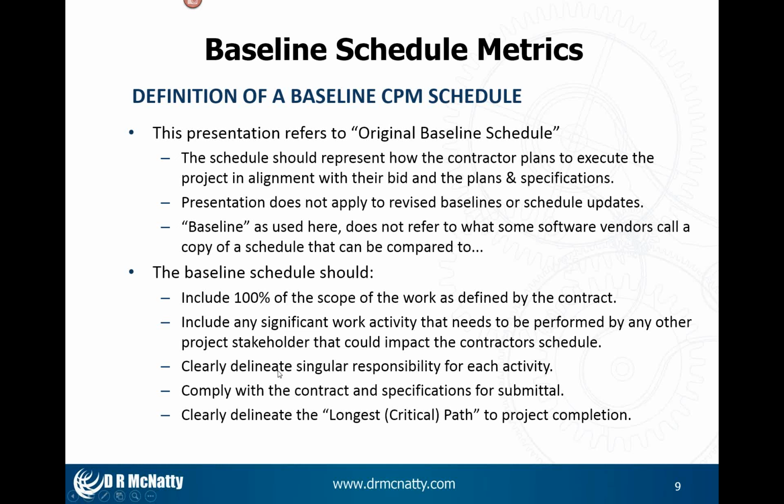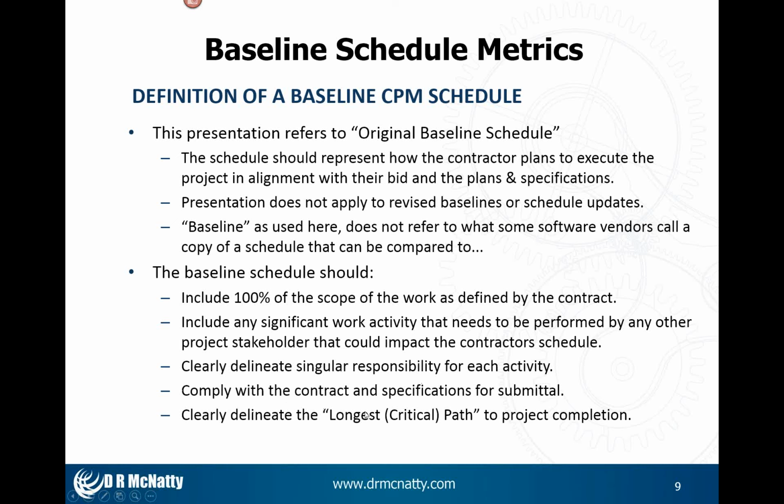We talked about having a singular responsibility for each activity that can help drive the level of detail that you go to. For instance, I had a contractor that had an activity called Bridge Number 1. Well, Bridge Number 1 had probably half a dozen subcontractors involved in it, and so that activity really wasn't detailed enough to provide any level of control.